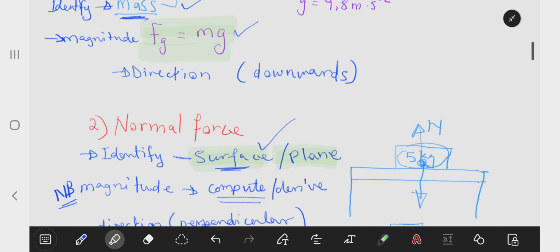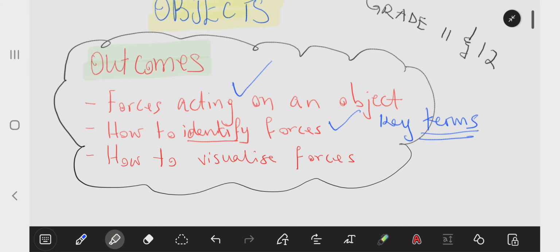So now, how do you visualize these forces? How do you represent these forces in a diagram? And the main reason for you to represent these forces in a diagram is that it actually simplifies the problem, okay? So you see from a visual perspective how many forces are acting on an object.